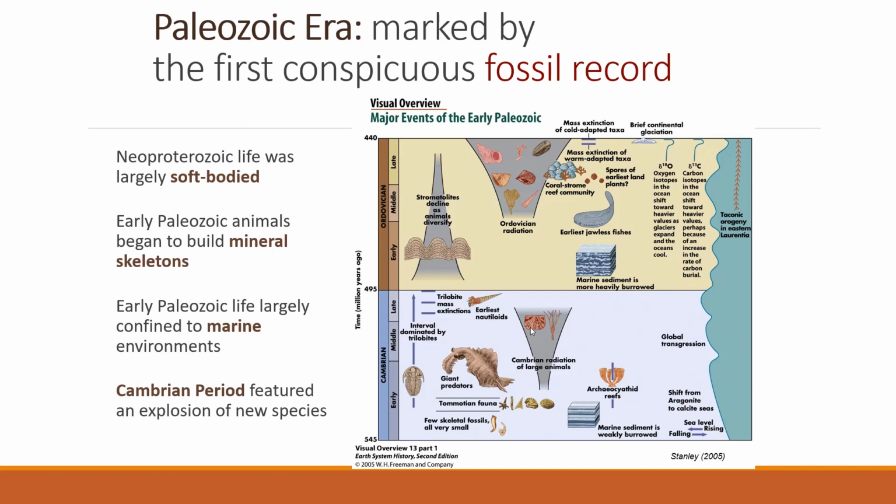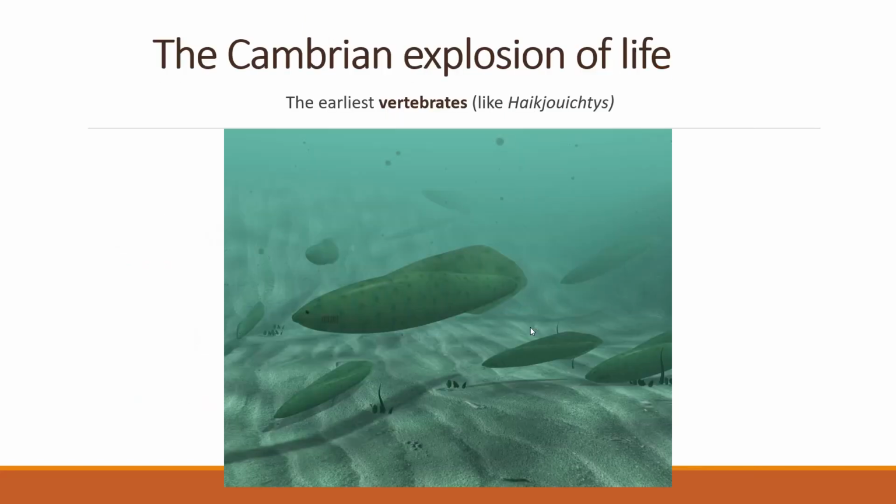Each of these periods is broken into early, middle, late. They can be broken into smaller epochs, but typically we describe the older periods in that way if we need to. So the Cambrian is the first period of the Paleozoic.